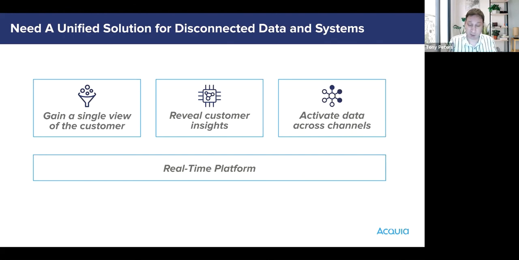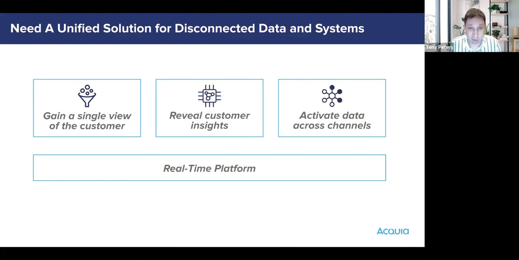In the previous webinars, we talked about bringing those tools, bringing those execution points and starting to make use of that data. In this one, we're talking about bringing it to the next level and really pushing for it. So, of course, you want to gain that single customer view, just like you have with that data lake or warehouse, and reveal those customer insights.